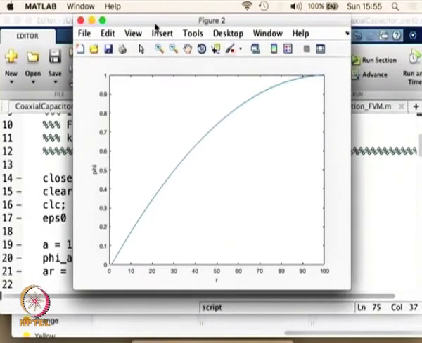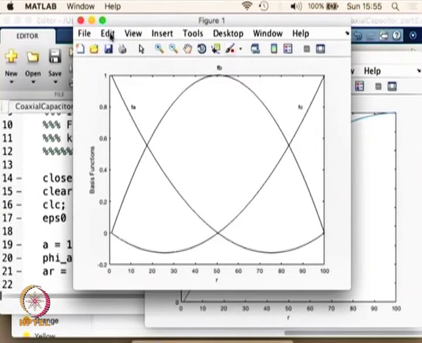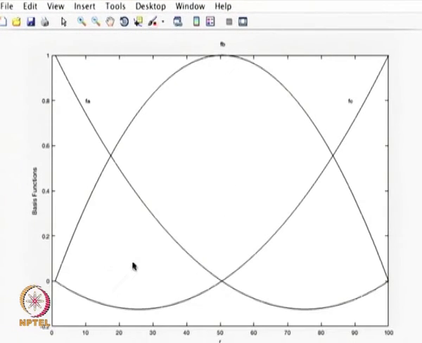There is also another graph that shows the value of the basis function. So the basis functions are going to have values, for example in the domain, what we had, the entire domain basis function. So the basis functions for the entire domain is going to have this behavior.